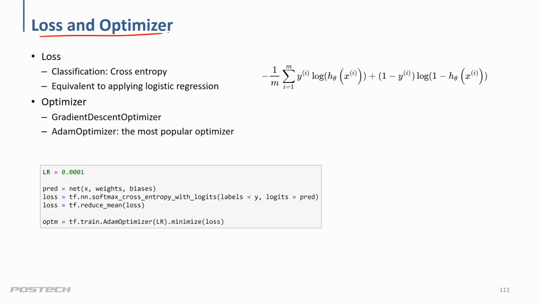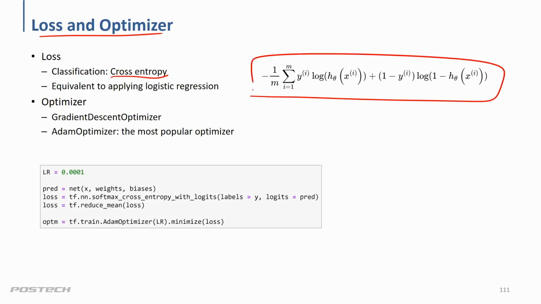And for loss and optimization, again, it's a multi-class classification. I think at this moment everyone knows that it's cross entropy, same as softmax. And for optimizers, you can use whatever optimizer that TensorFlow can provide us. So there are the inputs, weights and bias, and there will be the predicted values. For the loss, I can use softmax cross entropy with logits.